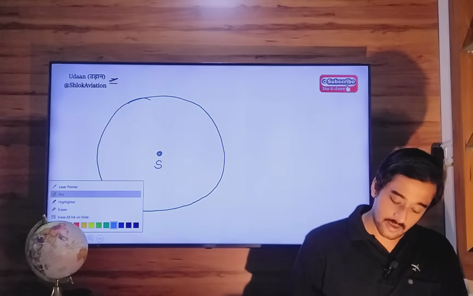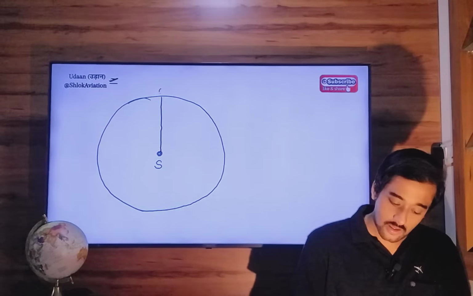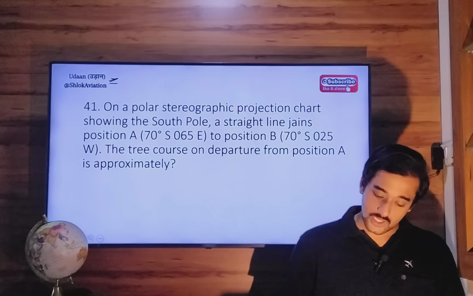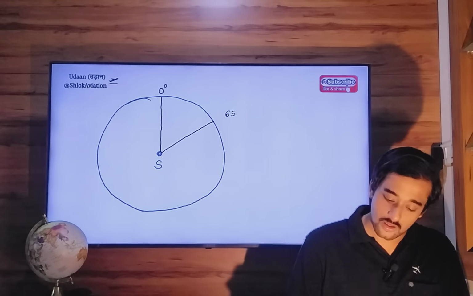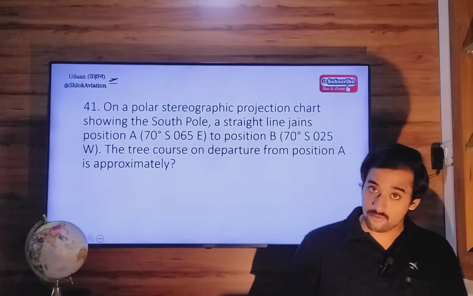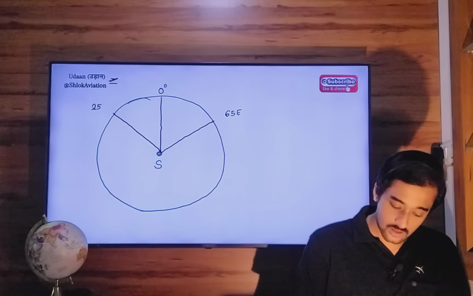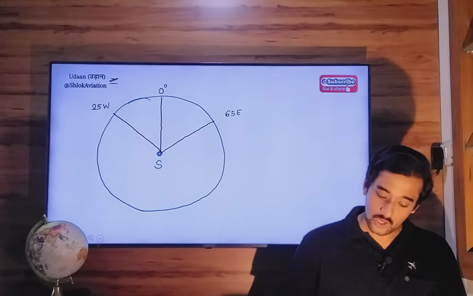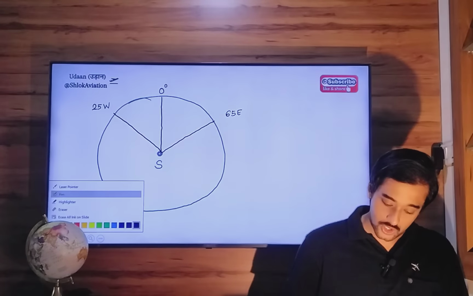This will be your prime meridian, 0 degree. This will be your 65 east longitude. This will be your 25 west longitude. Both are located on the same latitude, 70 south. So join them.